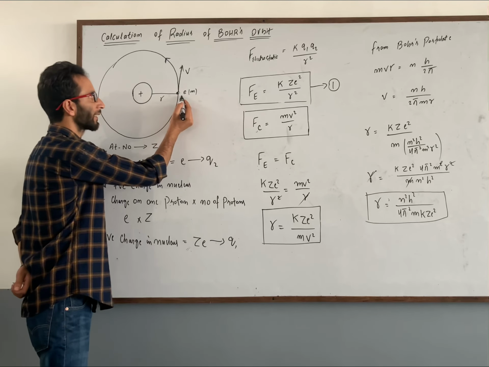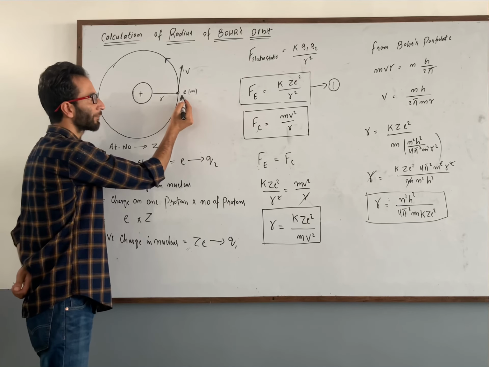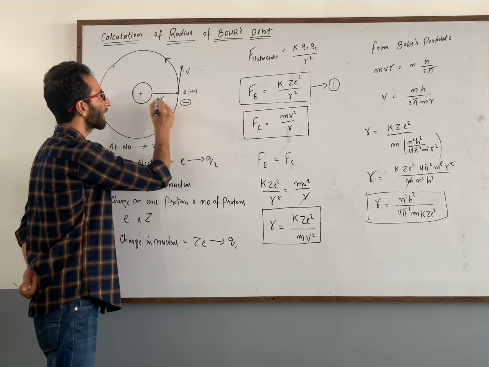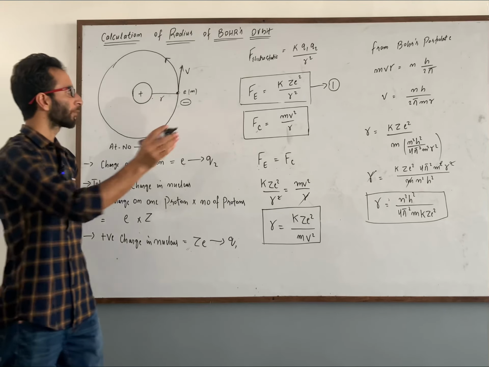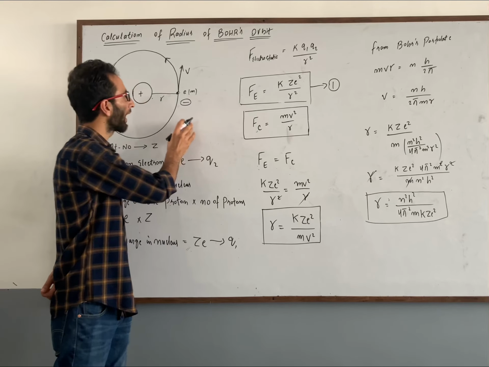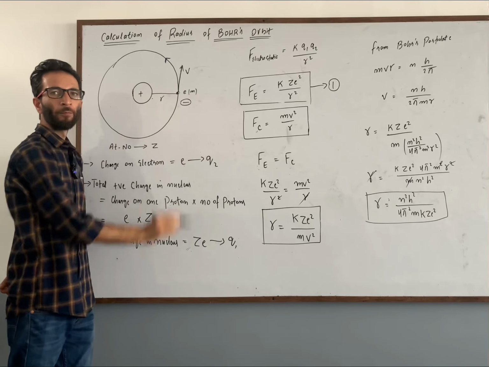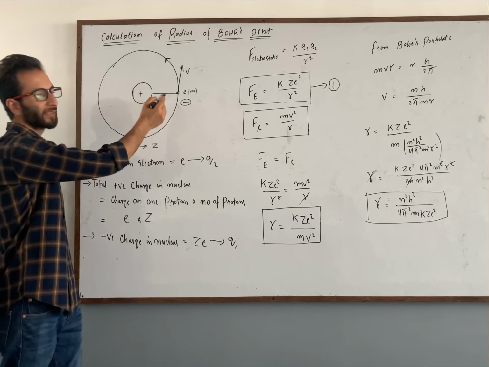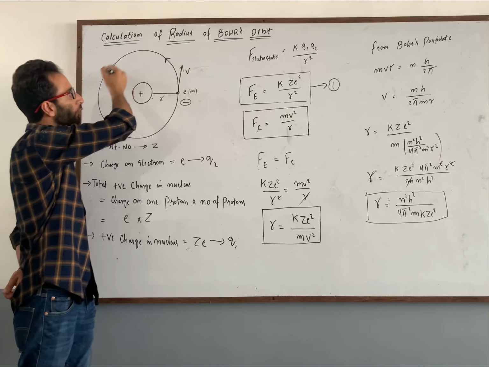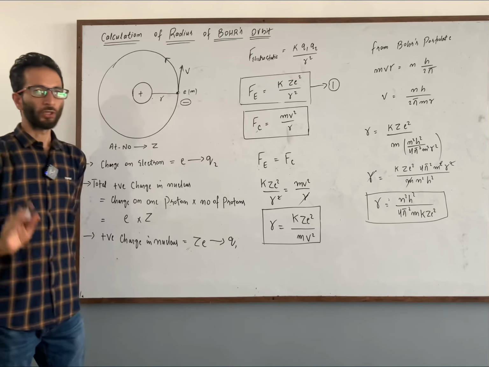Here we know that the electrostatic interaction is between a negative charge and a positive charge. So this should be attractive in nature, and due to this attraction the electron should fall into the nucleus. But in reality this doesn't happen. The electron always revolves in a fixed orbit around the nucleus.